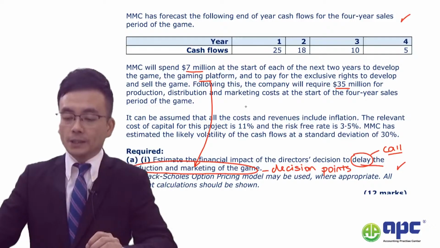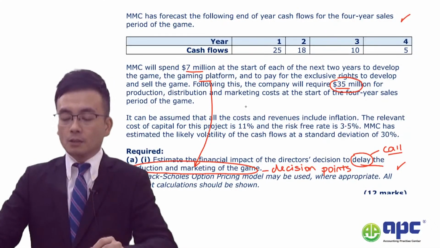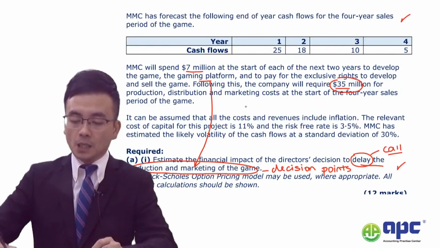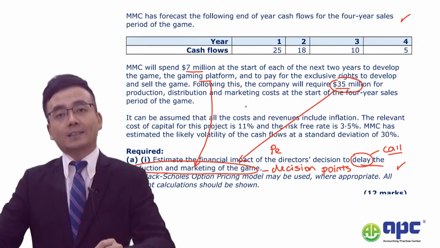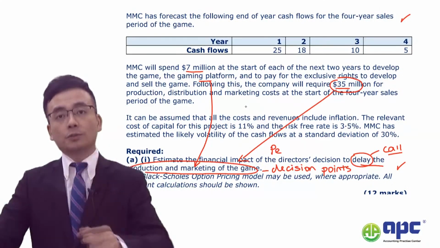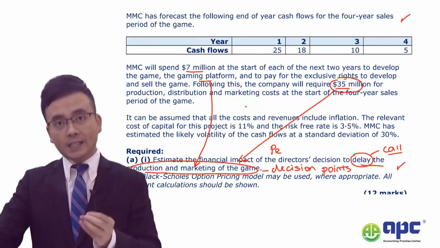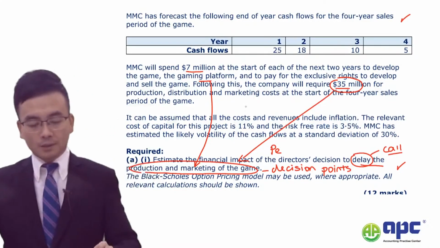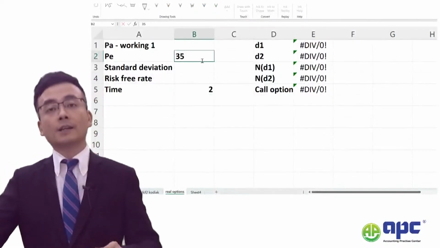So it seems to me that the exercise price for this particular project, which means production, marketing of the game, would just be 35, and that is the exercise price, or the PE for short. So only the costs related to the decision point will be taken into account in our BSOP calculation. So that's why that 35 will be the PE.